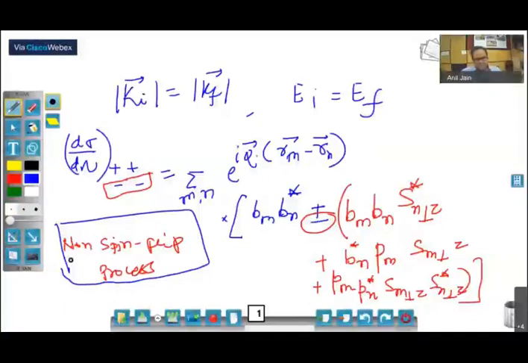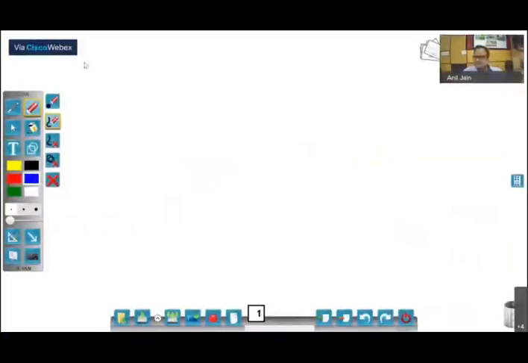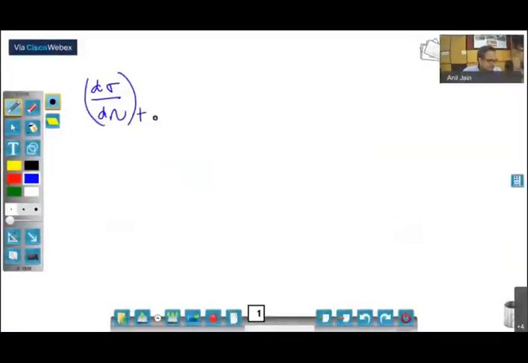remaining two spin flip processes. Also I can write it out. So let me write the remaining two spin flip processes, that is plus goes to minus, meaning you start with an up spin neutron beam and it goes to down spin, meaning there is a spin flip, and the other process is minus plus.